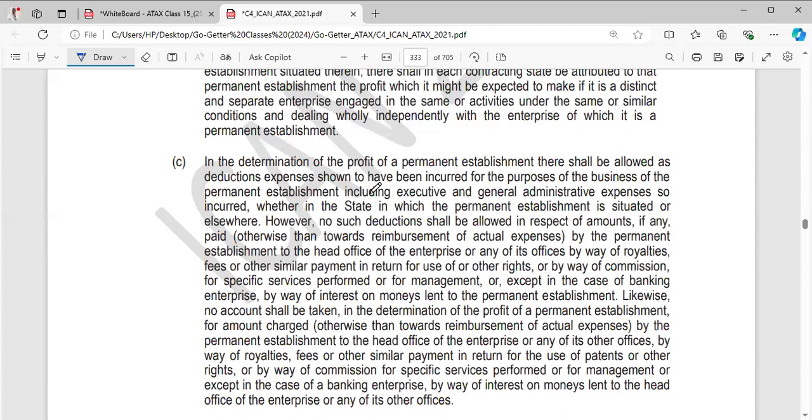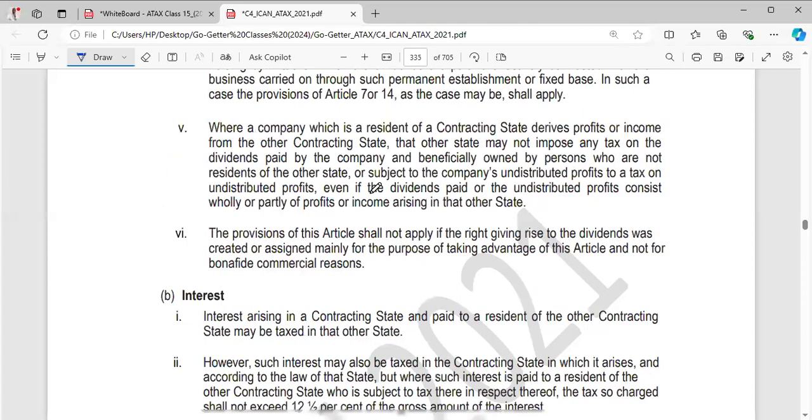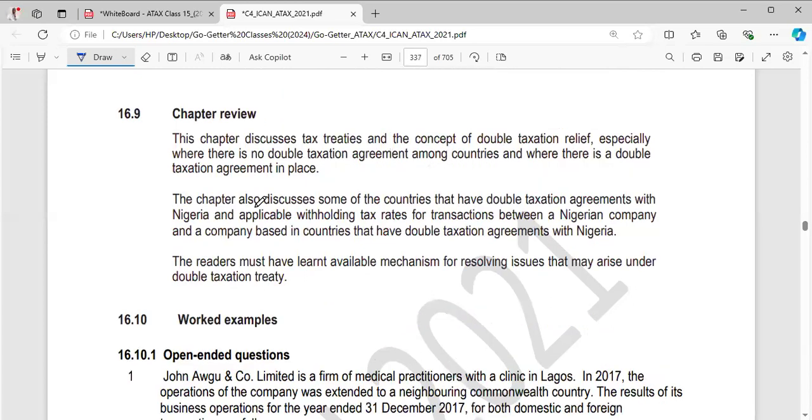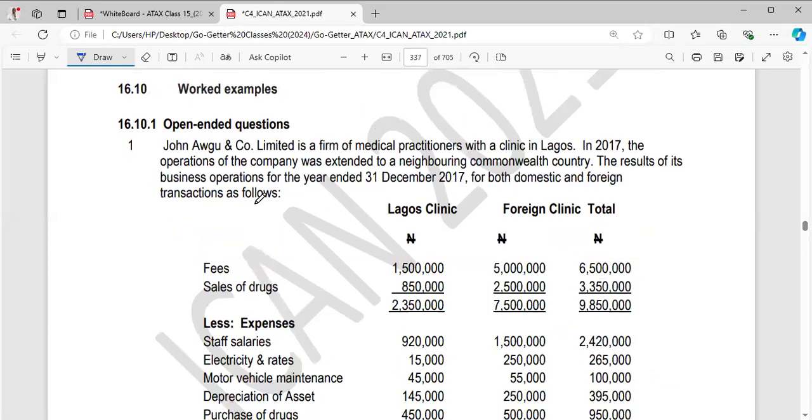Looking at examples, let's look at a worked example to understand what is being said here.